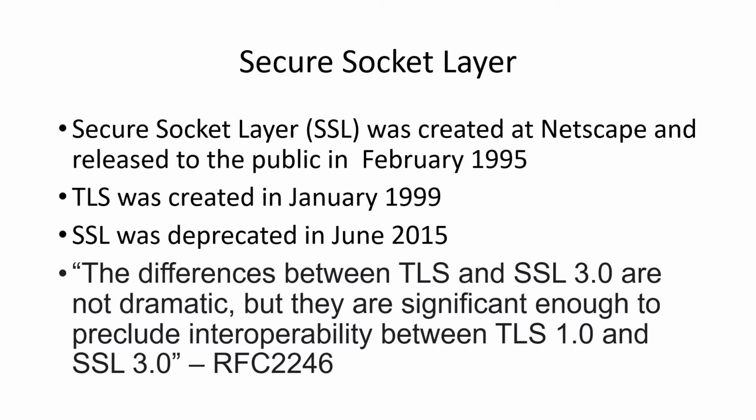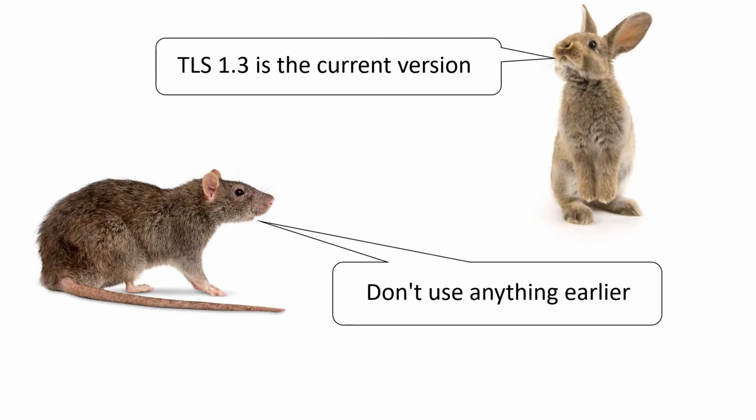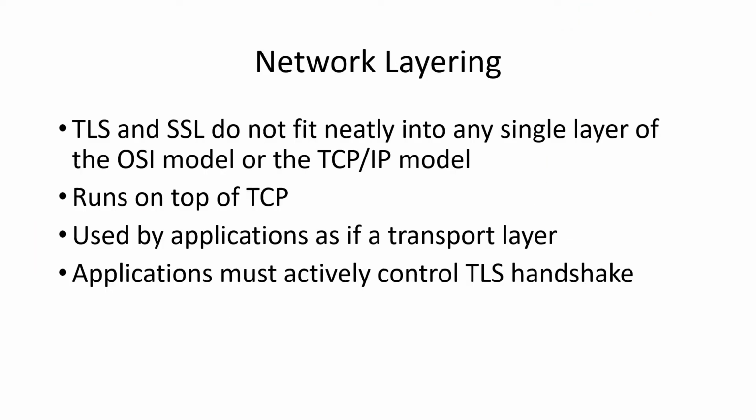And in June of 2015, the old Secure Socket Layer was deprecated, meaning that no new applications should use it and existing applications should move over to TLS. There's really very little difference between the first version of TLS and SSL 3.0. TLS 1.3 is the current version. Don't use anything earlier.